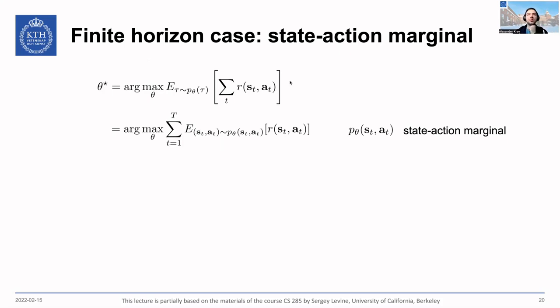Essentially, the first line takes the trajectories according to the probability distribution and sums the reward for each time step, first in rows and then in columns. In the second line, we do the opposite: we do the marginalization over the state-action pairs, and for each state-action pair, we sum its reward according to its distribution probability.